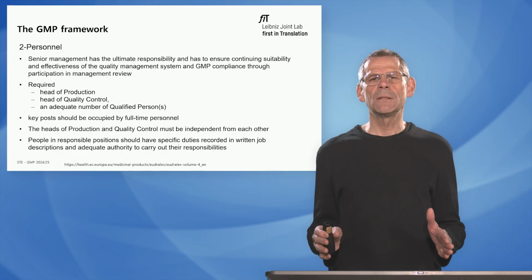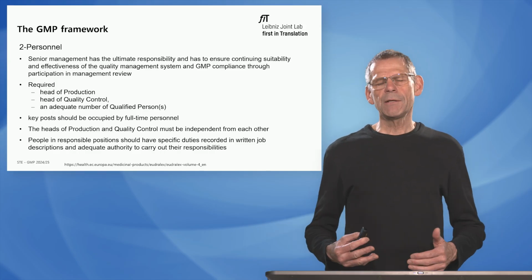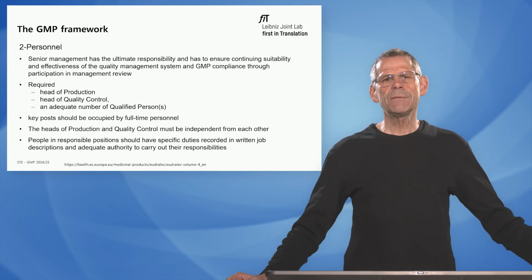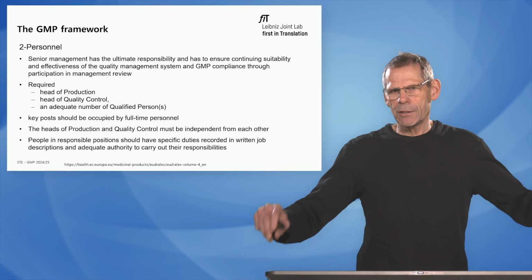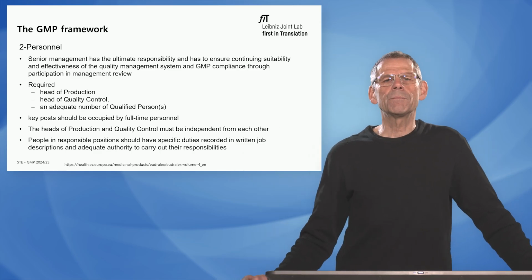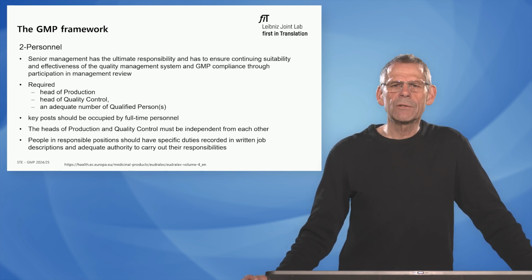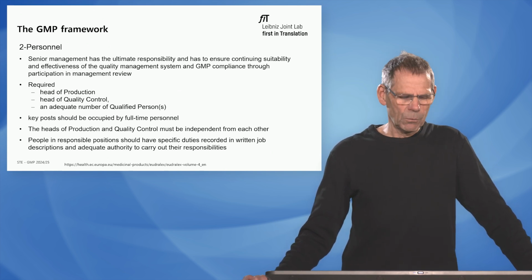Everything is written down, and they have the authority to stop a manufacturing or to not release a product without being punished by anybody. So that is a very important role of the personnel, that we know who is doing what and what they are responsible for and what is their duty.